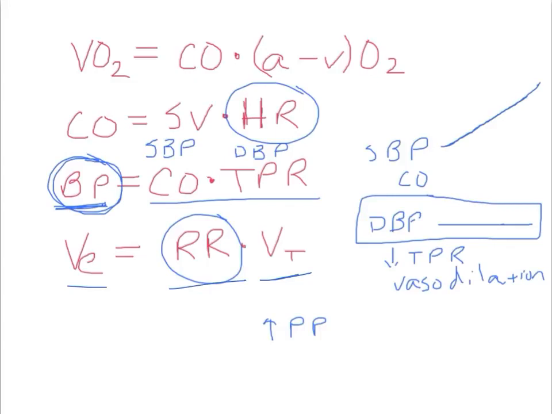We infer cardiac output and total peripheral resistance from blood pressure changes, and then I talked quite a bit about the difference between systolic and diastolic blood pressure as being related to primarily cardiac output and primarily peripheral resistance. We also use heart rate to infer about cardiac output.